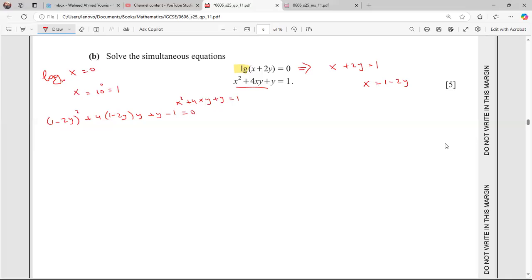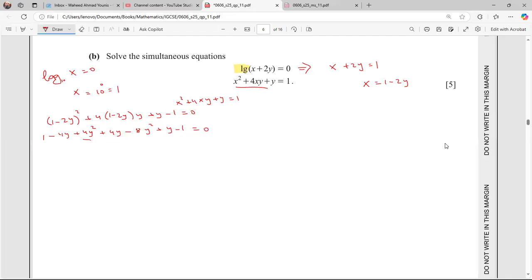So when I open this square, it is 1, and minus 2 times 2 is 4y, and plus 4y squared, and this is going to be plus 4y and minus 8y squared plus y minus 1 equals 0.